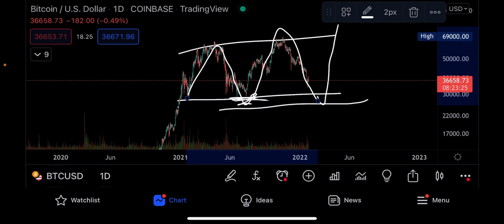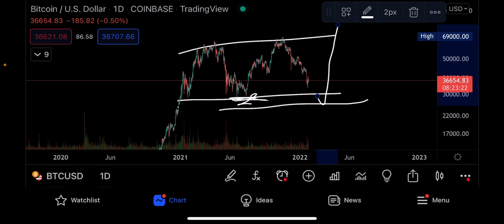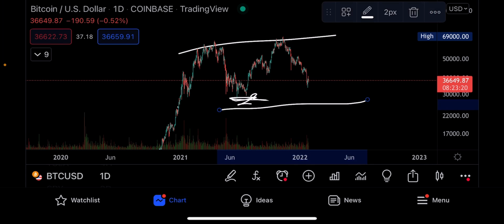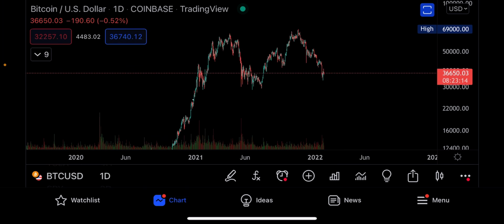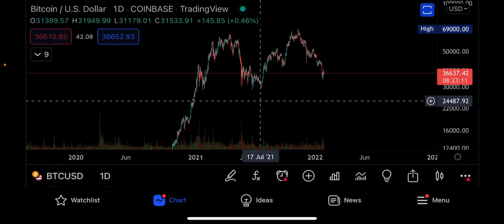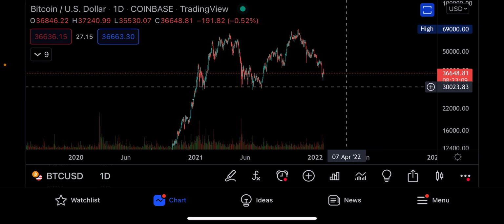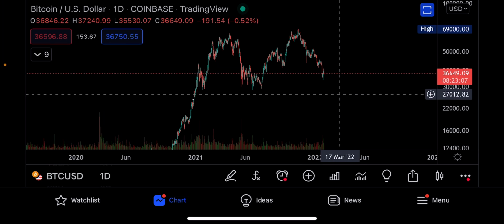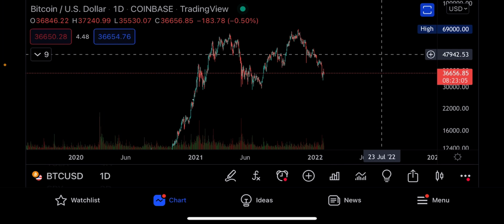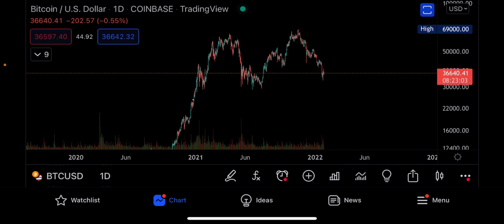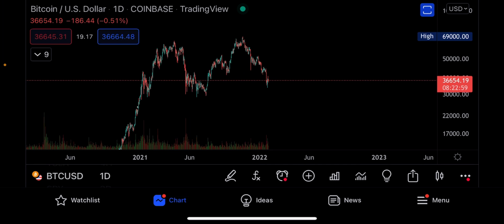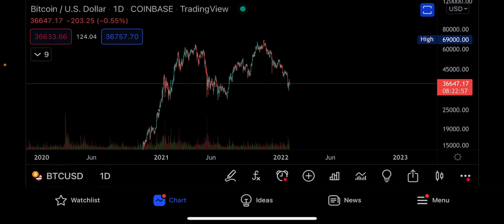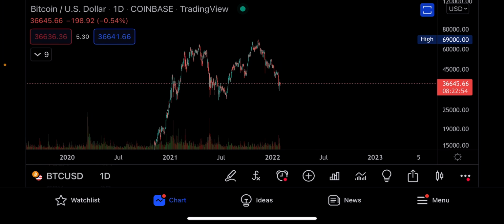But I think we will see a retrace in the Bitcoin price before any more downtrend below this level here. Well, maybe a little bit below here, but we will see that retrace come up and then bounce down. And that would probably be a dead cat bounce. So take this information how you will.